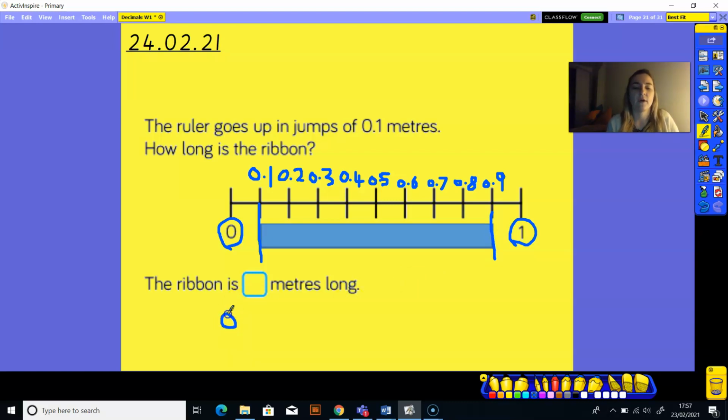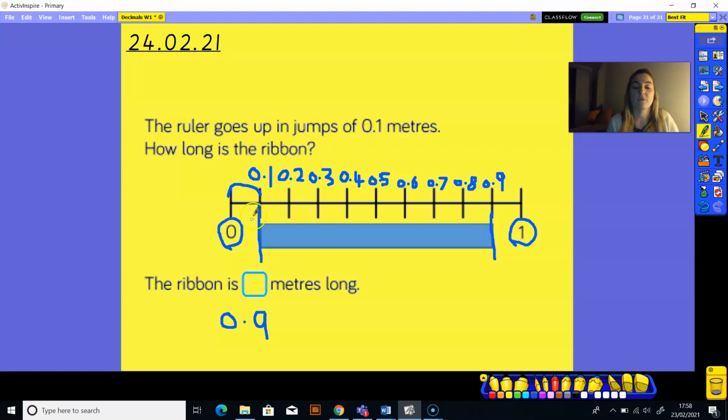Now, you might think that means that the ribbon is 0.9 of a metre. However, we've forgotten about this bit here. And here we've already jumped up 0.1. So we've actually said it's 0.1 longer than it actually is. Okay?